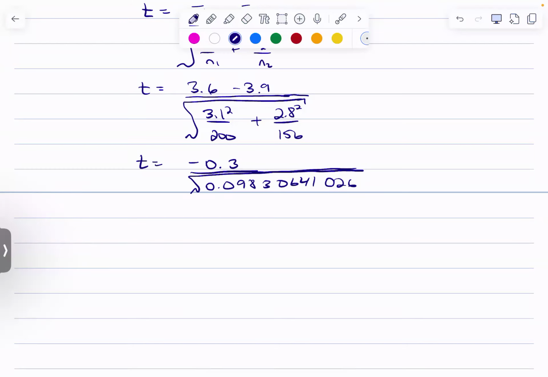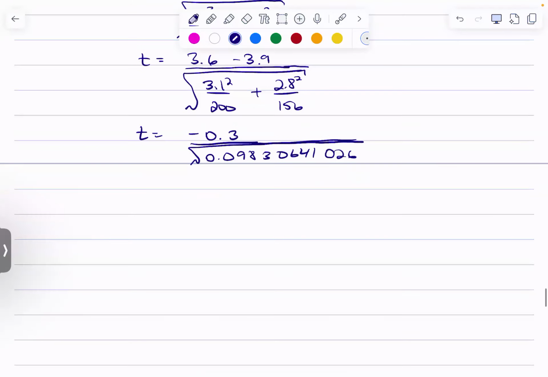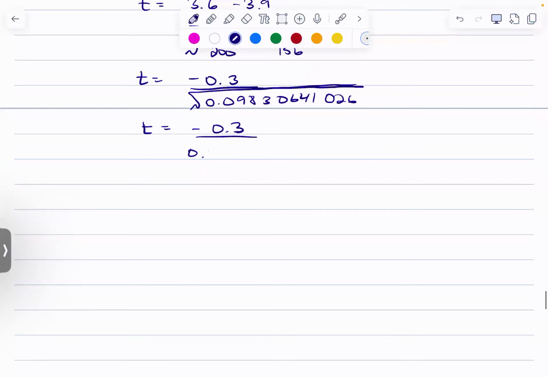So then once I take the square root of that, I get negative 0.3 divided by 0.3135385307. Now for my records, because I suspect I'm gonna have to build a confidence interval, I'm gonna store this in A because then I can just bring it in later, right? Just in case. And you can read ahead through the question and see what you need to do.